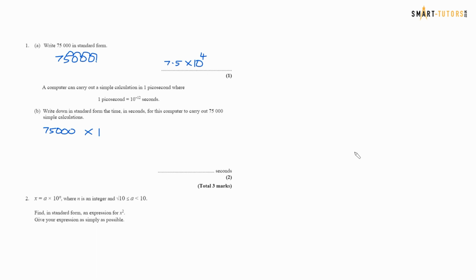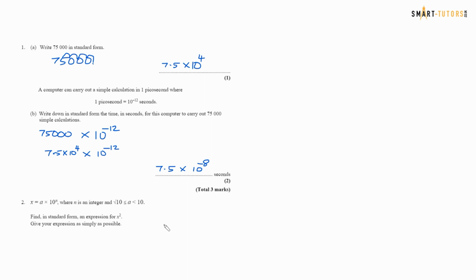We already know 7.5 times 10 to the power 4 is the first number, times 10 to the power minus 12. So the final answer is 7.5 times 10 to the power minus 8 seconds.